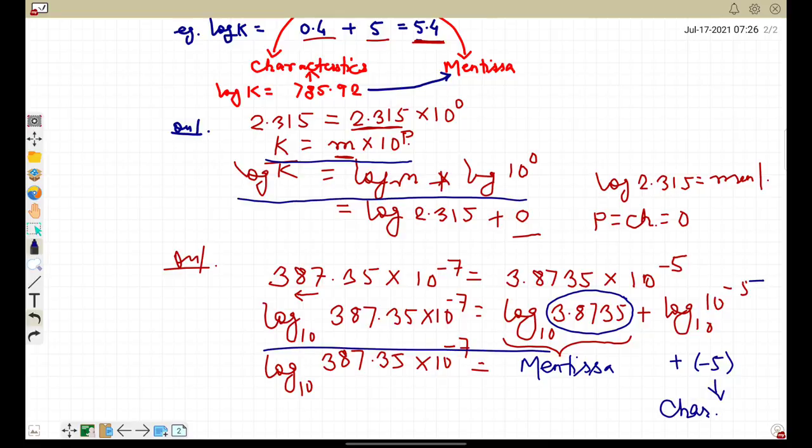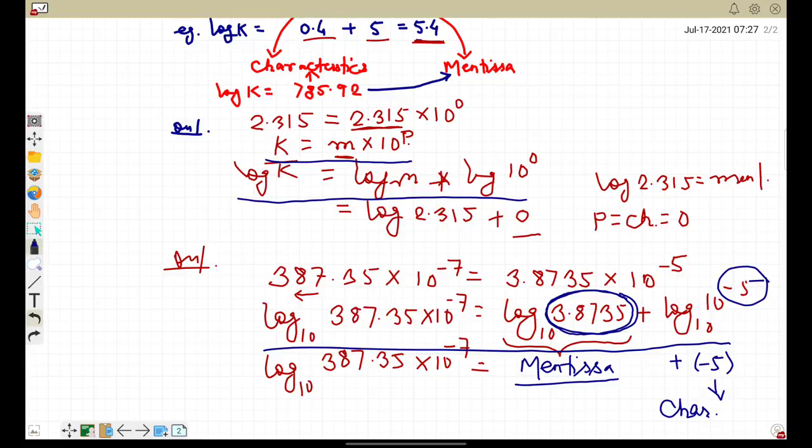In third step, always remember this complete value must lie between 0 and 1. So the log of this complete value is called mantissa, and this integral value which comes outside is called characteristics. So in this way, we can find characteristics and mantissa.